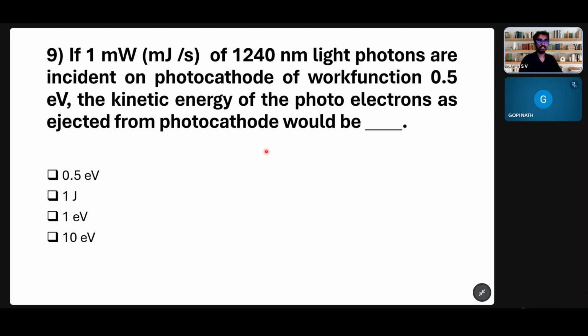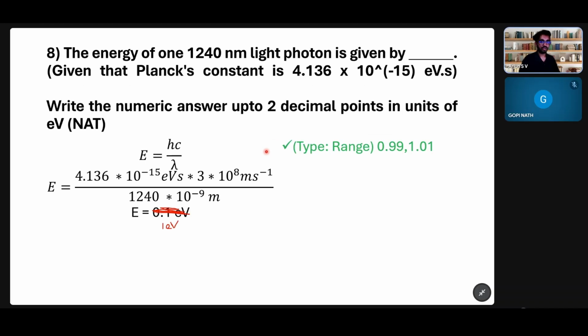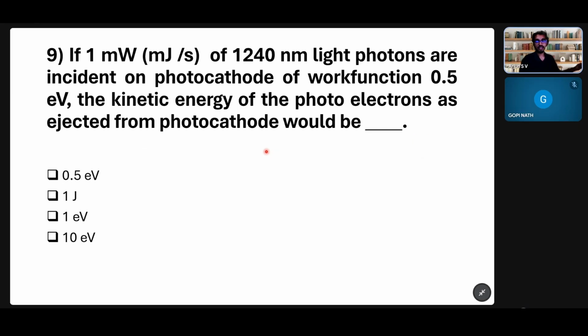This is the continuation of the previous problem. We already found that the photon energy is 1 electron volt, and the work function is given as 0.5 electron volt. The work function is the minimum energy required to excite the electrons.